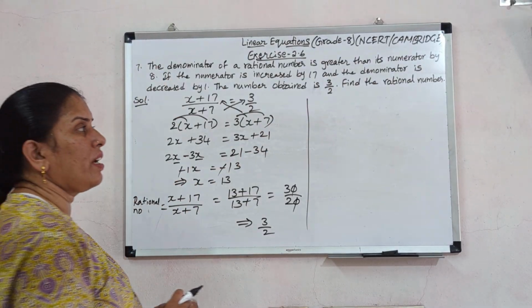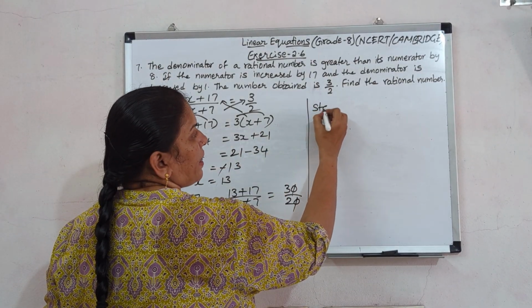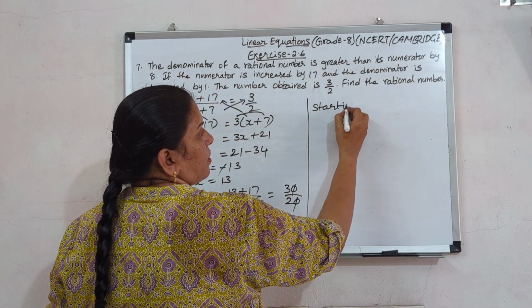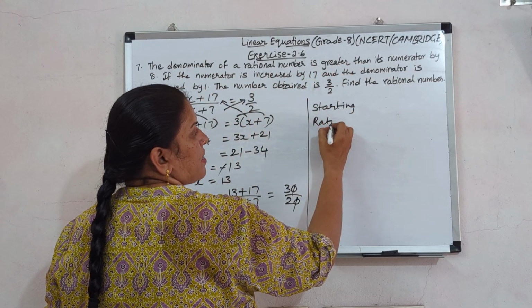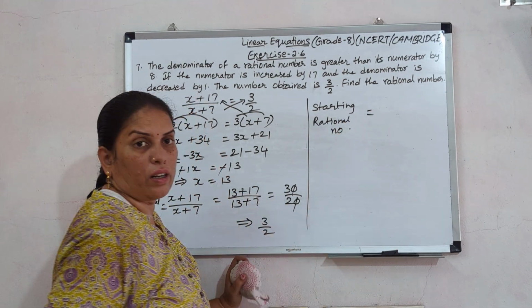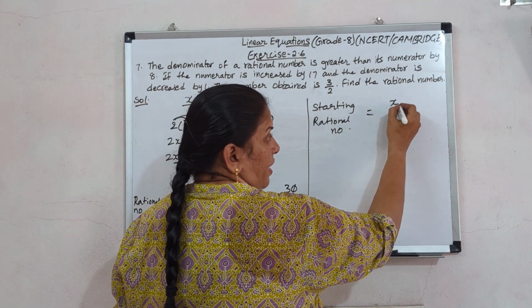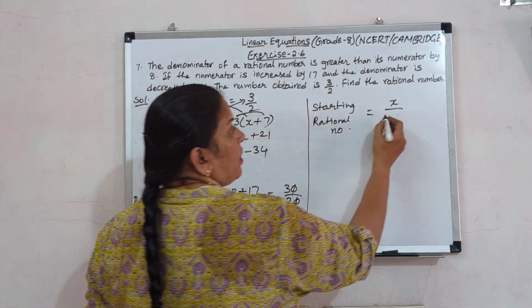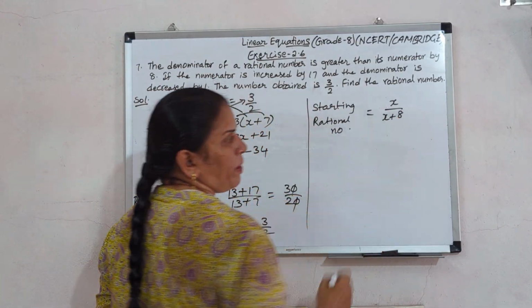Starting, what is the rational number? Starting rational number by using the first step. Rational number is equal to numerator by the denominator. What is the numerator? x is the numerator, according to the first step. x plus 8 is the denominator.